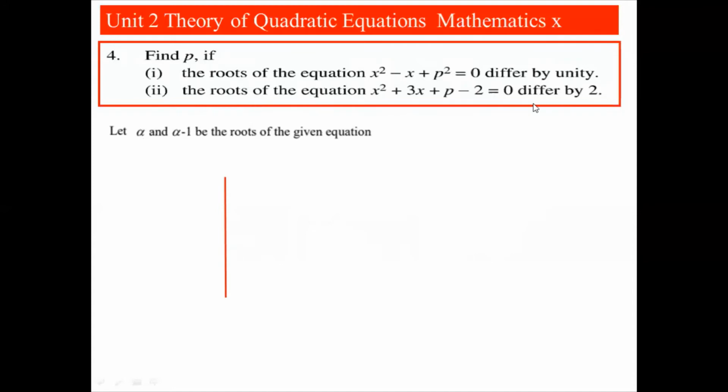In the second question, the roots differ by 2. It means if the first root is alpha, then the second root will be alpha minus 2. Now for the first part, let alpha and alpha minus 1 be the roots of the given equation. Then the sum of the roots, alpha plus alpha minus 1, is equal to minus b by a, and the product of the roots will be equal to c by a.